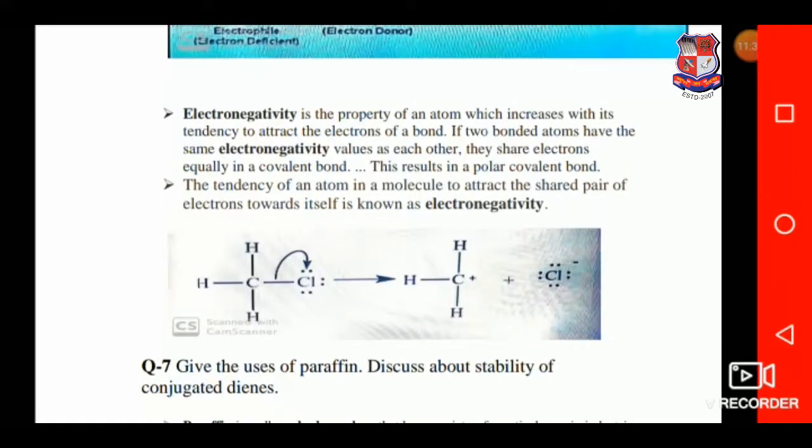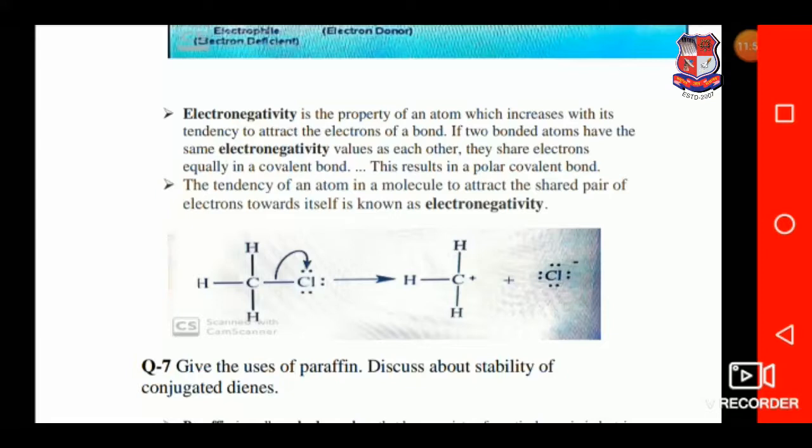Electronegativity. Electronegativity is the property of an atom which increases with its tendency to attract electrons of a bond. If two bonded atoms have the same electronegativity values as each other, they share electrons equally in the covalent bond.